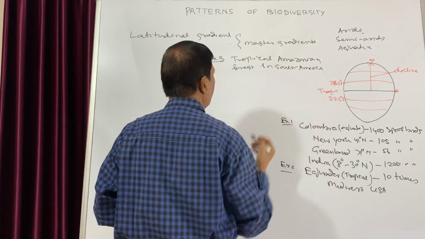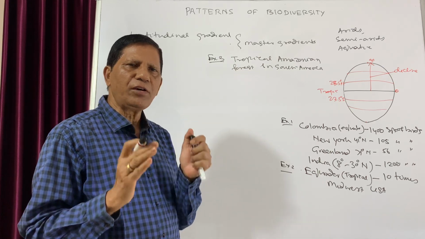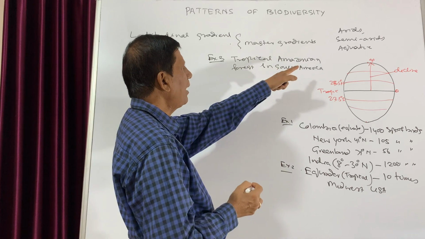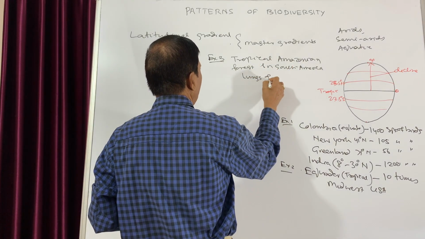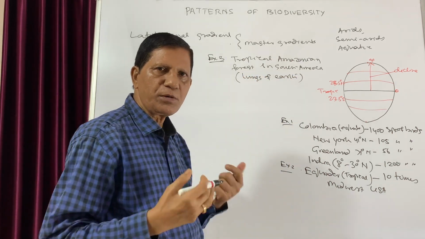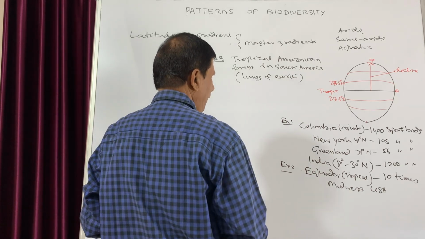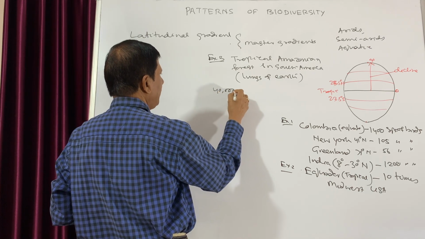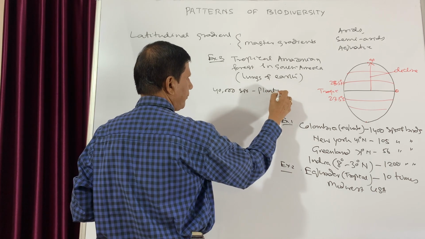Here you will find the biodiversity is richest in the entire world. That is why the tropical Amazonian forest is known as the lungs of earth, because so much biodiversity is there. What are the examples? If we take the examples, we will find that there are 40,000 species of plants.